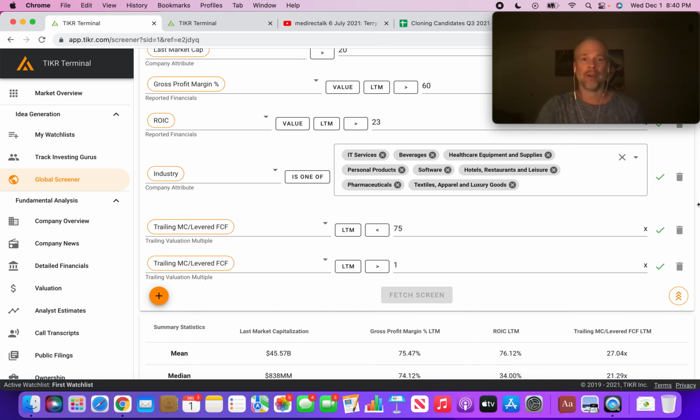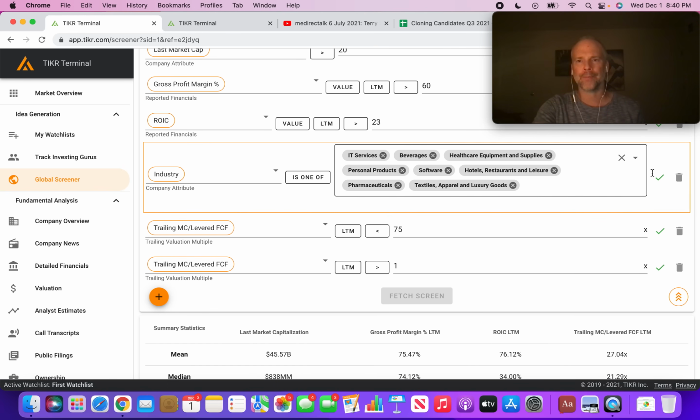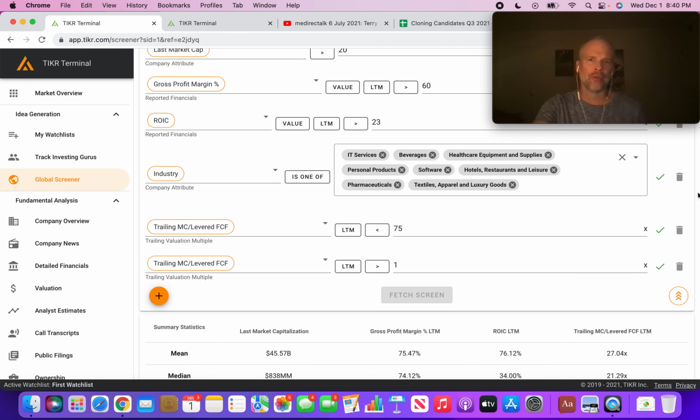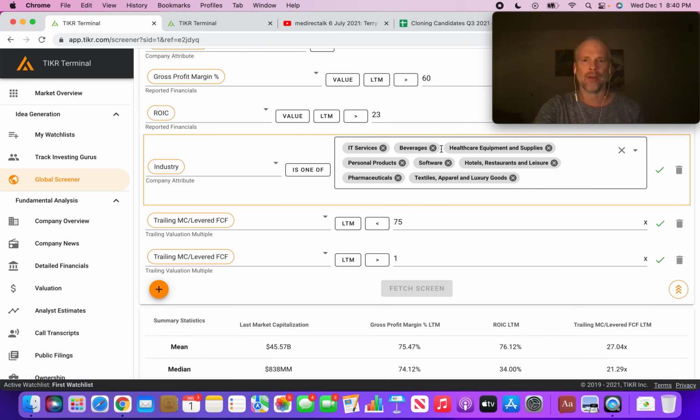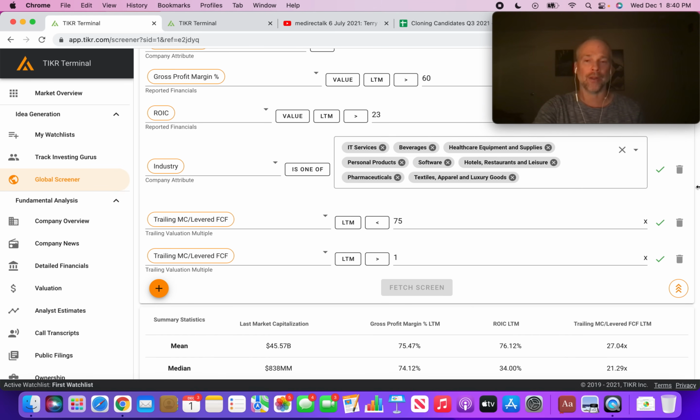I do think it's valuable to be somewhat limiting on the industries that you're hunting in, really focusing on those industries where there's superior financials. There's more unfair advantages in these industries, as Yan Liao might say. More barriers to entry, stronger moats, things like this, just inherently in these particular industries.